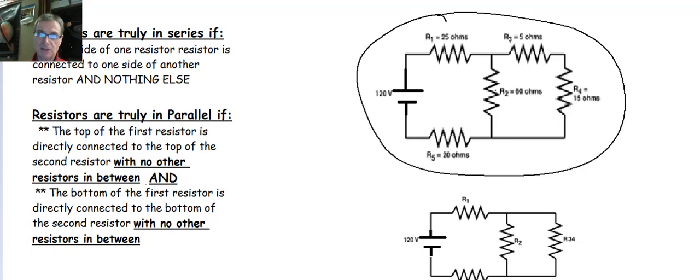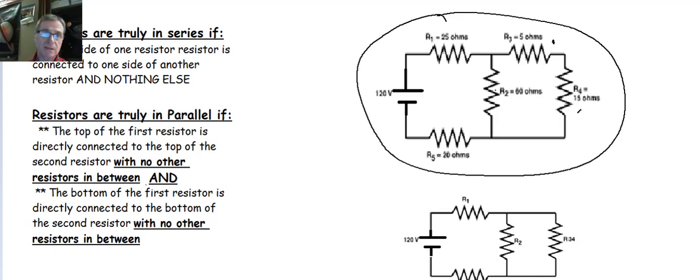I know that it's not just a parallel circuit because I have resistors that are not in parallel, right? This resistor up here, resistor R3, is not in parallel with resistor R4, okay? Resistor R1 is not in parallel with resistor R2. Okay, so we have a combination circuit.